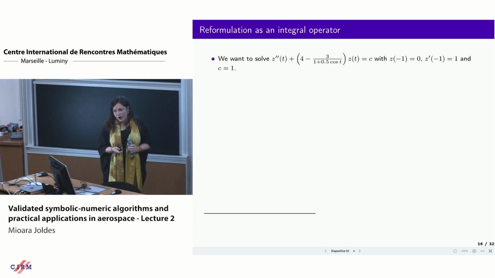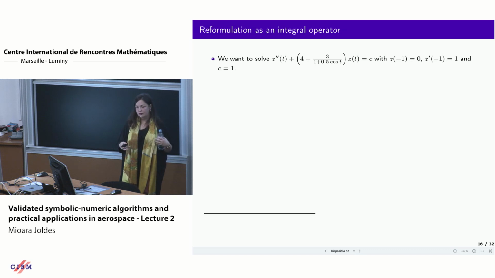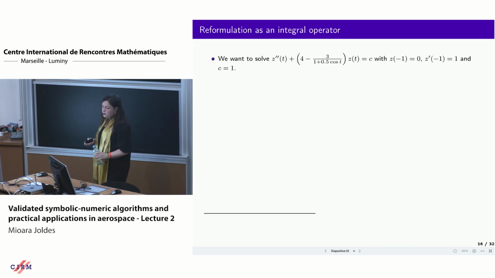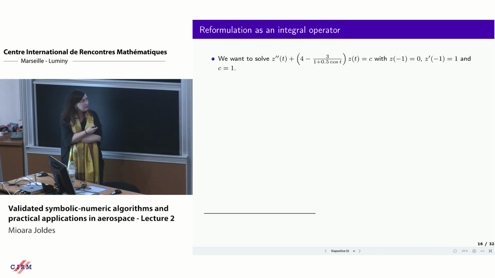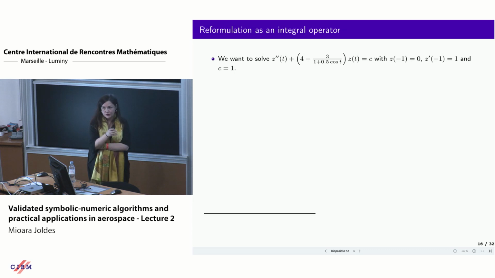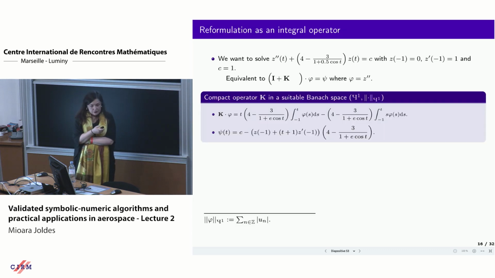And to do so, I will have to convert my differential equation to the integral one. We can do it also directly from the differential equation, but it's not so nice. So I will do it from the integral one. Okay, so to take my initial example, where I now fixed the eccentricity to 0.5, and I fixed some initial conditions, I can fix the second derivative to be phi, and I can build an integral operator on phi.